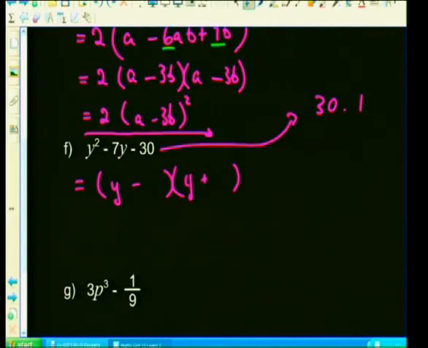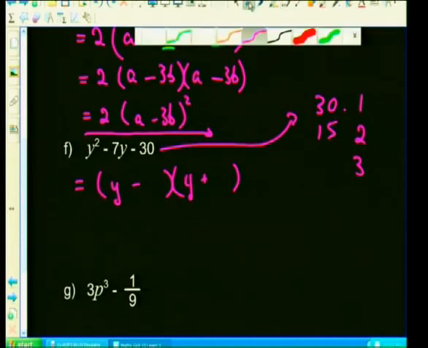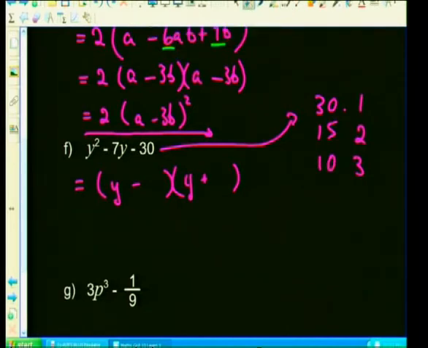Well, 30 and 1 is our one option. 2 times 15 is another option. How about 3 times 6? Is another option. No, it's not. 6 threes are not 30. So there's an error. So what would it be? 3 times 10. Do we need to carry on?